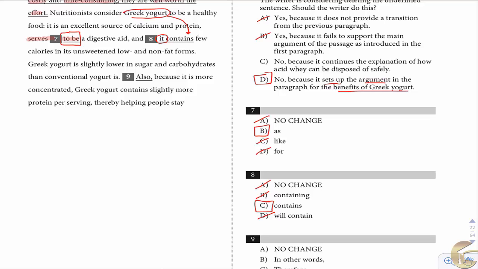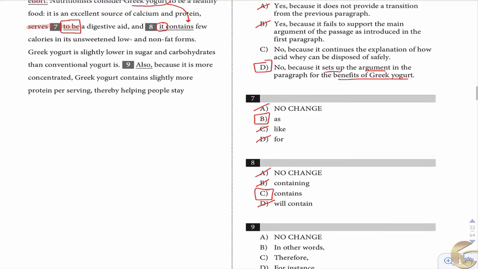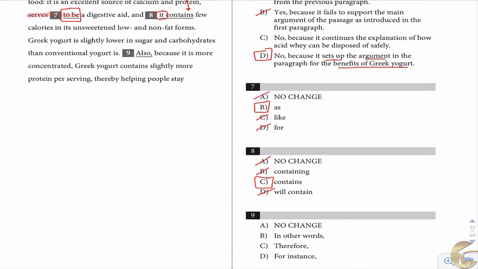Number 9 is looking like we're doing some transitional phrases here. So it says, in this sentence, Greek yogurt is slightly lower in sugar and carbohydrates than conventional yogurt. And again, when I do a transitional phrase question, I want to read the sentence before the transitional phrase and what comes after it. So Greek yogurt is slightly lower in sugar and carbs than conventional yogurt.